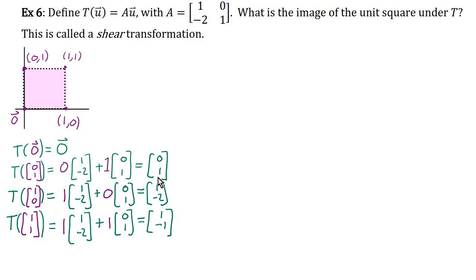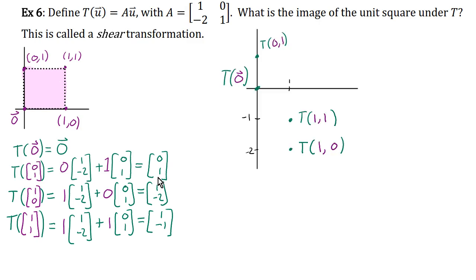But what will happen to the rest of the points? Well, let's try to start graphing it. What I have here is the 4 output points I know about, and I want to think about where the rest of them will go. First of all, let's think about lines. All of the points on the y-axis between 0 and 1 are points on a line, and we just talked about how linear transformations map lines to lines.